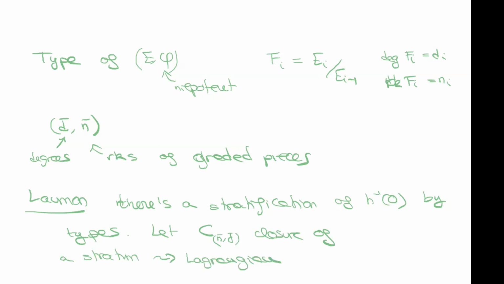All right, so we now know that the irreducible components of the nilpotent cone are classified by these types.